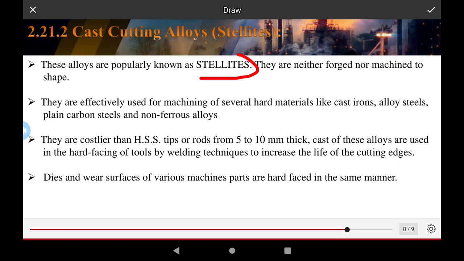They are neither forged nor machined to shape. They are effectively used for the machining of high hardness, hard materials like cast irons, alloy steels, plain carbon steel, and non-ferrous alloys.